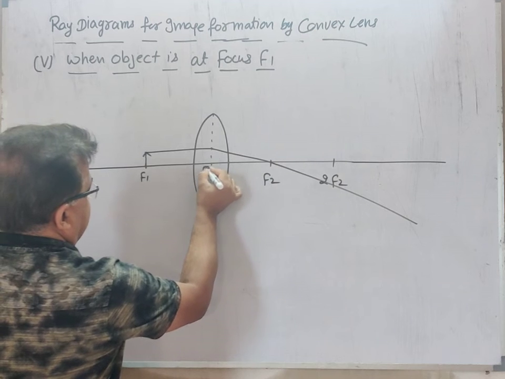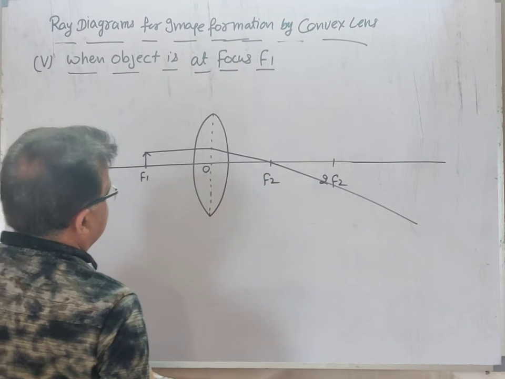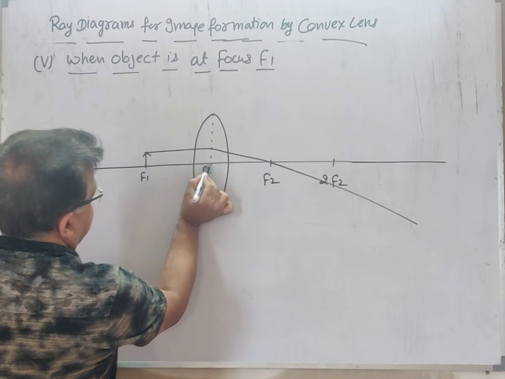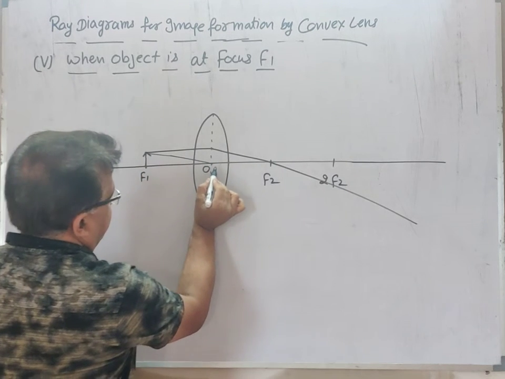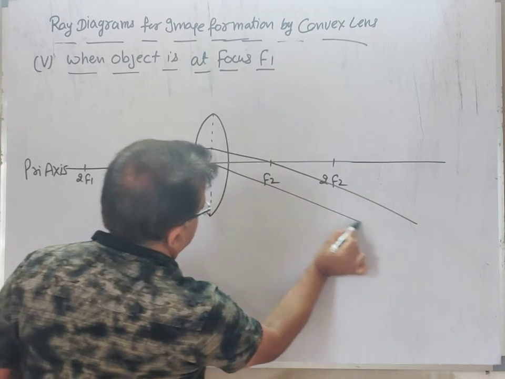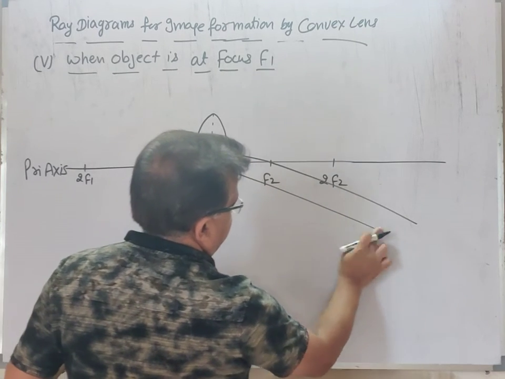It is the optical center, and the other ray will pass through the optical center and not show any deviation.